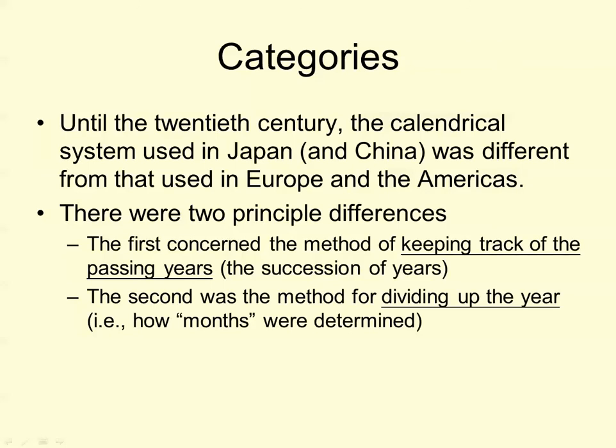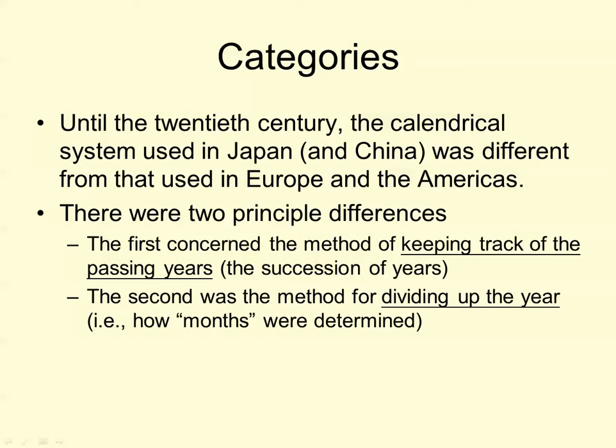The first concerned the method of keeping track of the passing years, or the succession of years. And the second was a method for dividing up the year, i.e. how many months there were in a year.